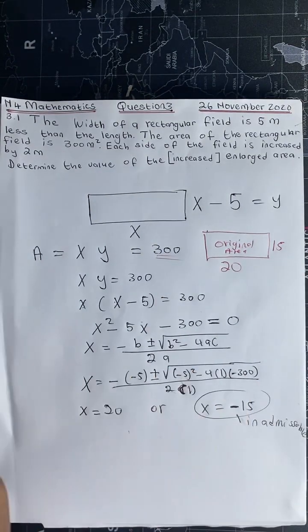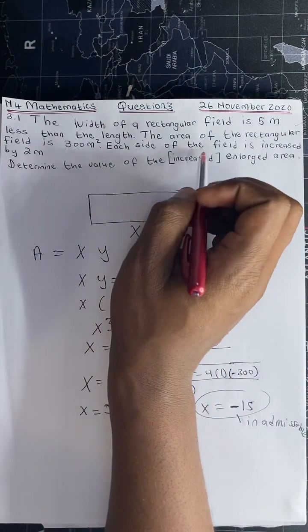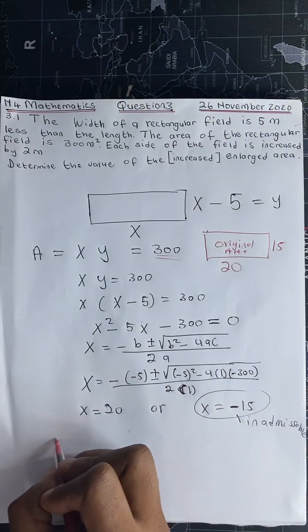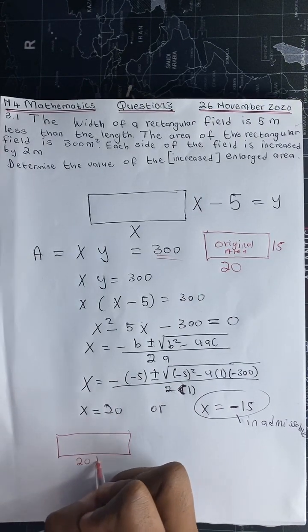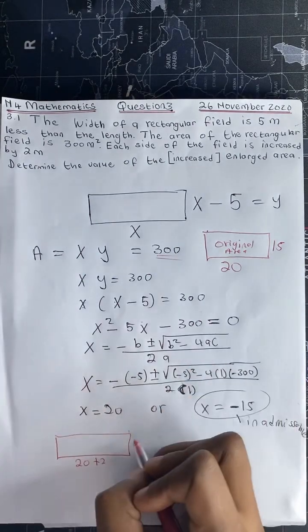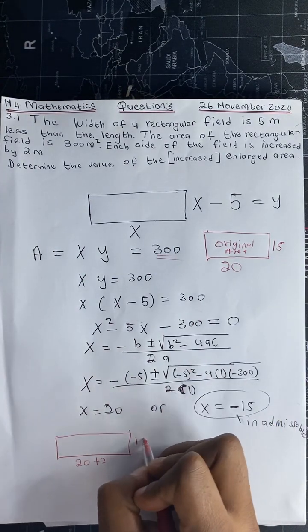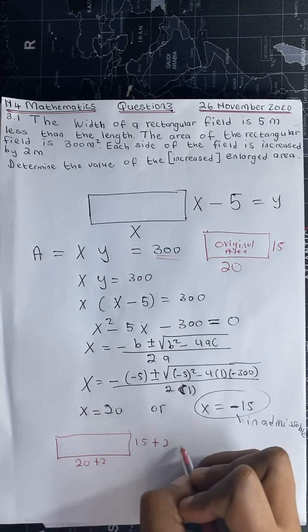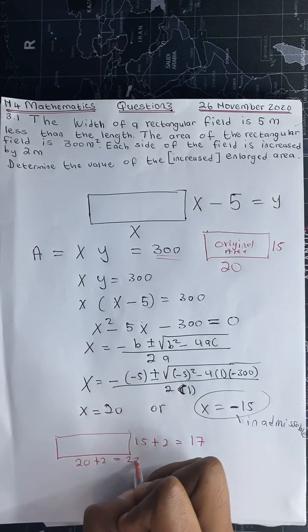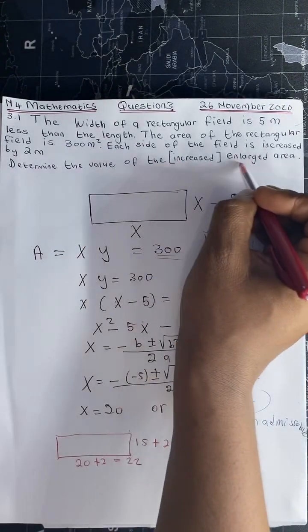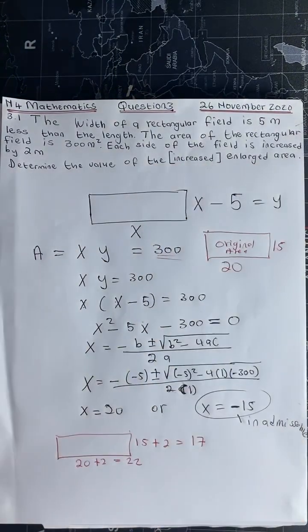So the second set of instruction, each side of the field is increased by 2 meters. The original length was 20, but it is increased by 2, and the original width was 15, and it's also increased by 2. So this will be equal to 17, and this one will be equal to 22. Determine the value of the enlarged area.